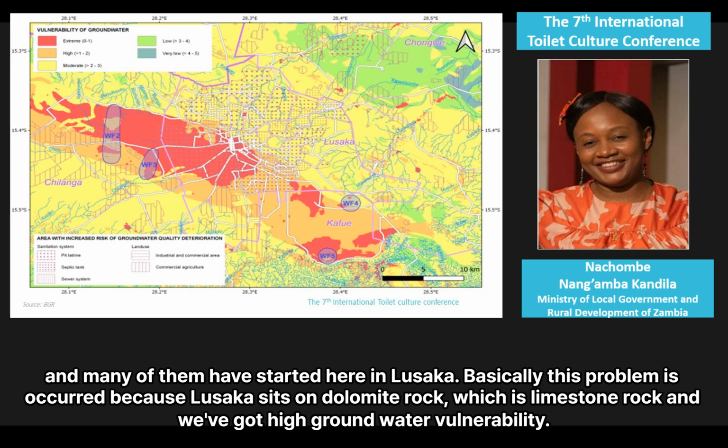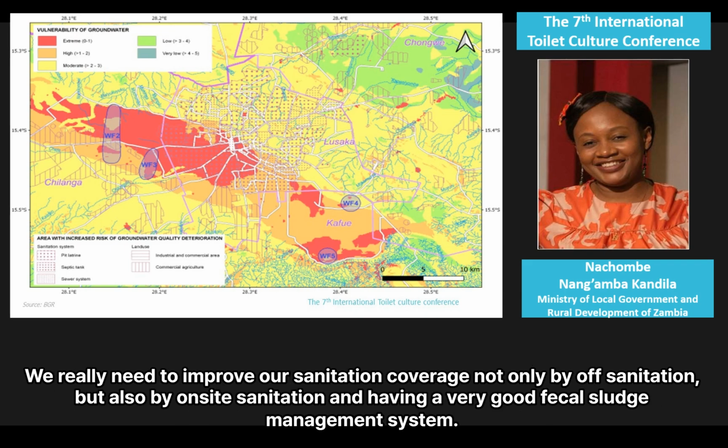Lusaka sits on dolomite rock, which is limestone rock, and we've got high groundwater vulnerability. So we really need to improve our sanitation coverage, not only by off-site sanitation, but also by on-site sanitation, and having a very good fecal sludge management system.